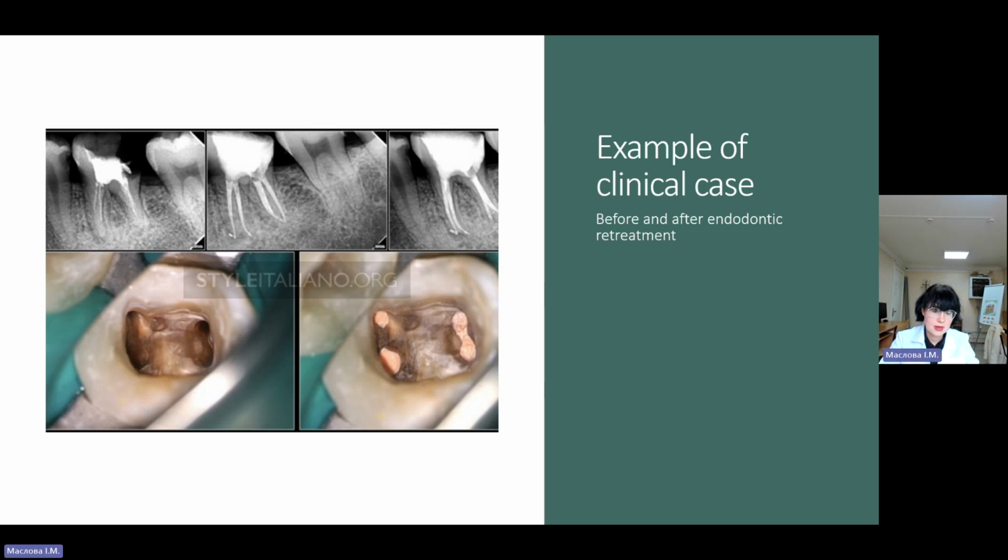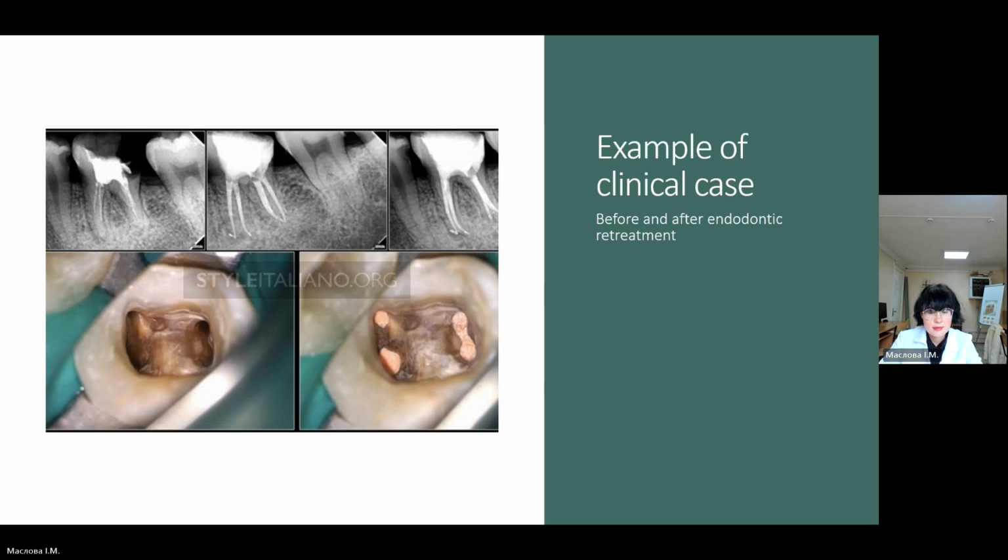You can see the root canals. It is a lower molar, the first lower molar. You can see the radiographs, and you can understand that this tooth needs retreatment.